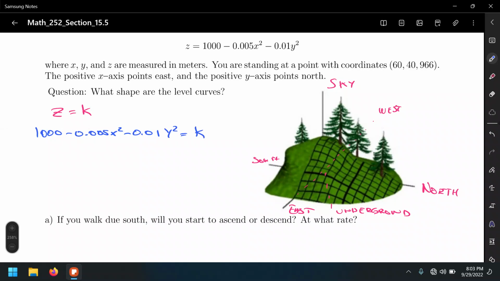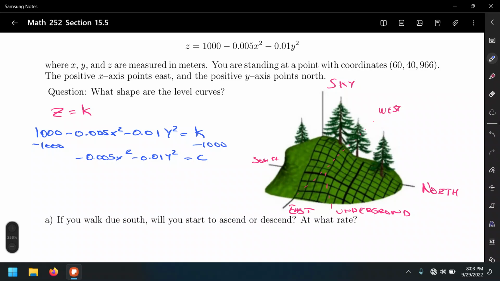So let's get only the variable terms. Let's subtract 1,000 on both sides. What are we going to get? Negative 0.005 x squared minus 0.01 y squared equals k minus 1,000. It's just going to be another number, let's call it c.